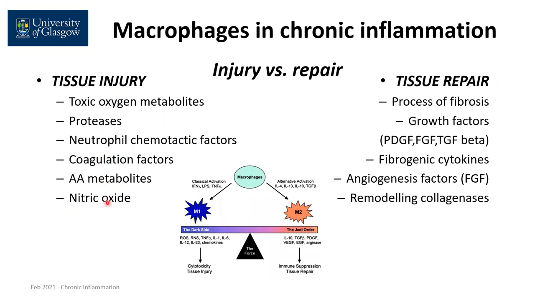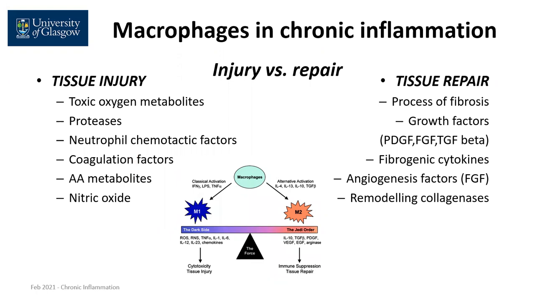Macrophages can also contribute to the pool of arachidonic acid metabolites. So arachidonic acid will lead to things like prostaglandins and related compounds being produced. So recall from the last session that prostaglandins are important in driving vascular dilation, so basically driving immune cell recruitment into the tissue.